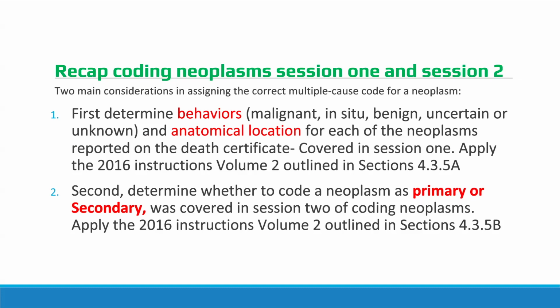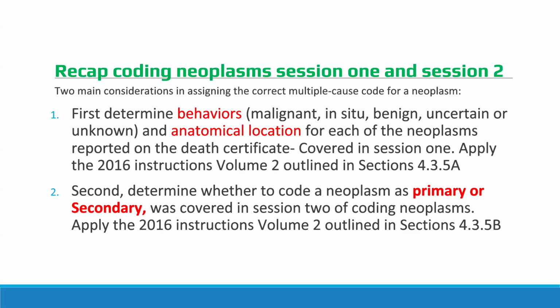Second, decide whether to code the neoplasm as primary or secondary, a topic covered in Session 2 and detailed in Section 4.3.5B of the same volume. Understanding these aspects ensures accurate and consistent coding.